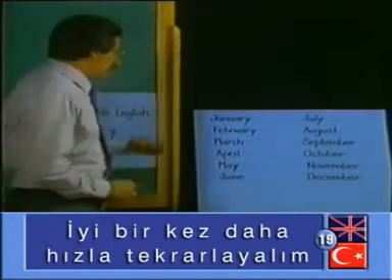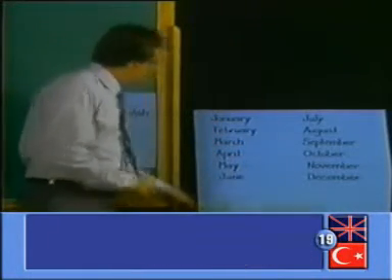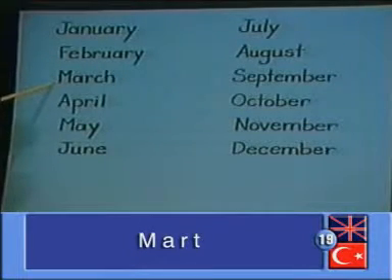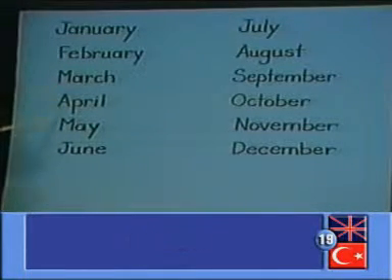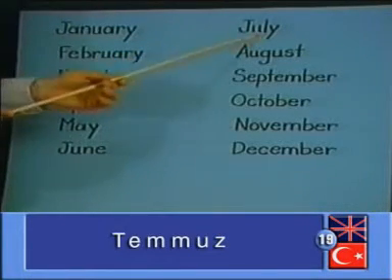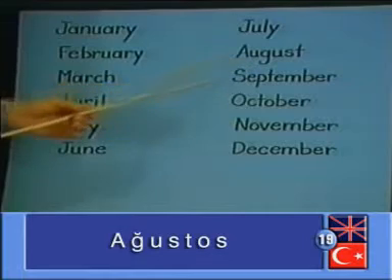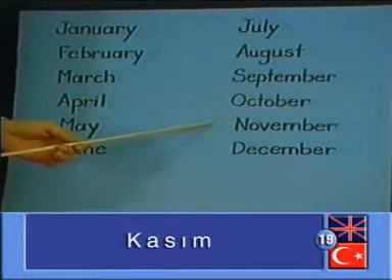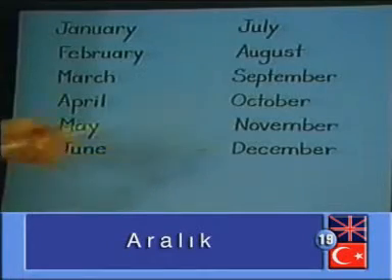Let's go through them quickly one more time. January, February, March, April, May, June, July, August, September, October, November, December.